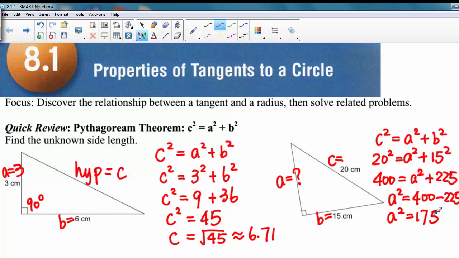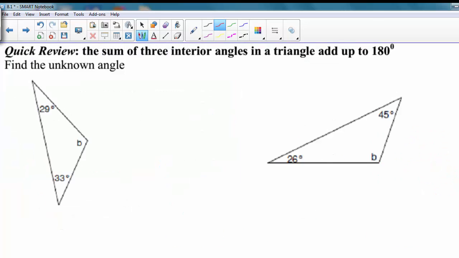I need to find A at the end. So the A equals the square root of 175. If you use your scientific calculator to help you find this value, it's about 13.23 centimeters long.